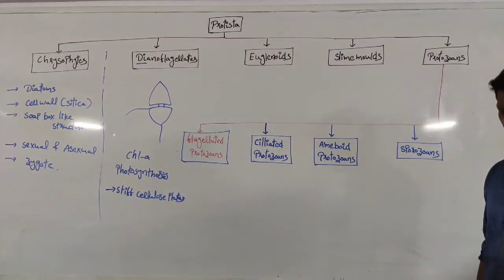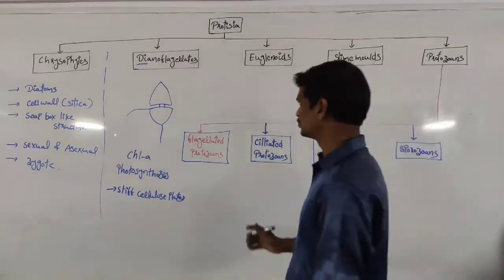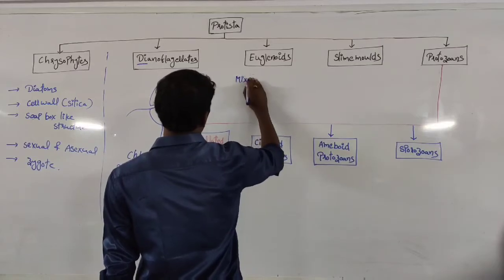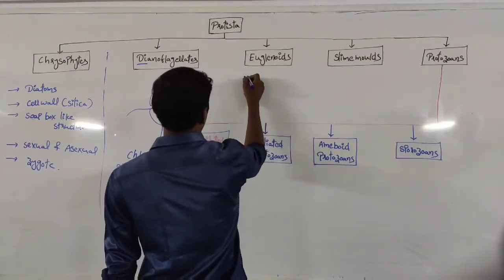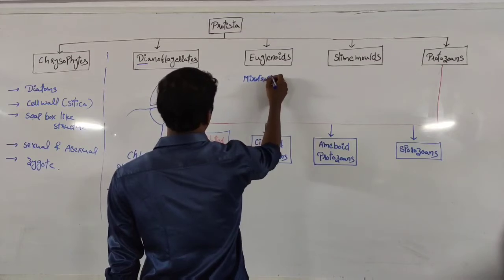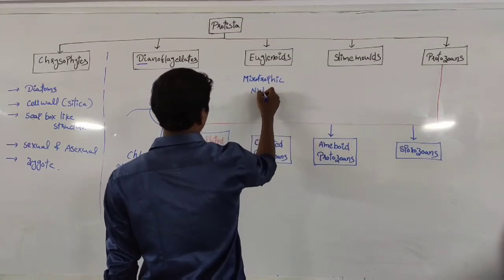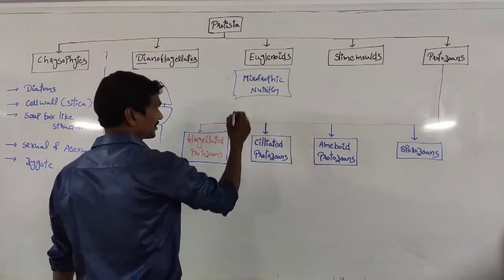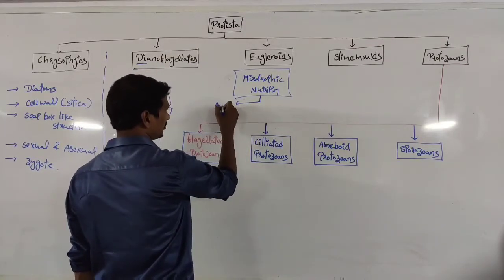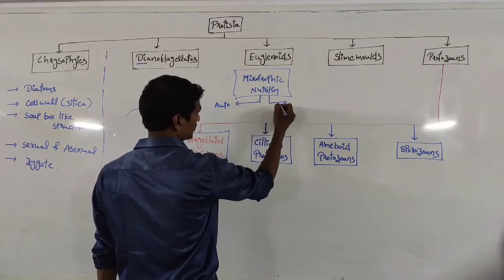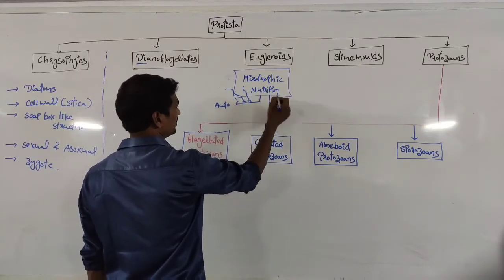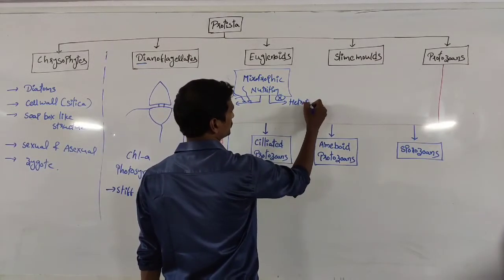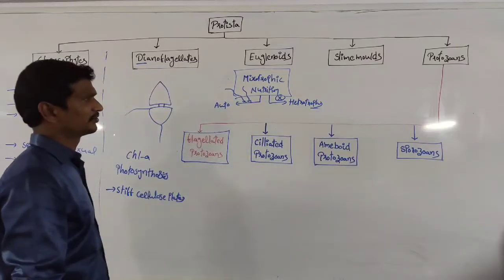Remember, these are strange organisms because they show a different nutrition, that is mixotrophic nutrition. So what is mixotrophic nutrition? In the presence of light, these organisms act like autotrophs. In the absence of light, when light is not available, they act like heterotrophs.